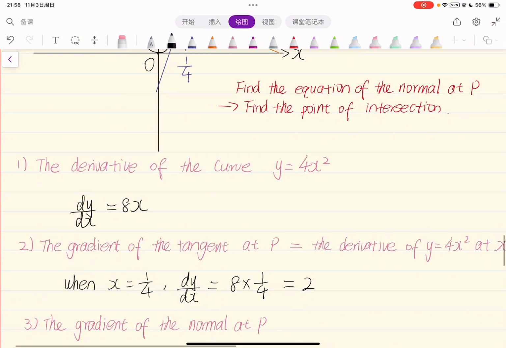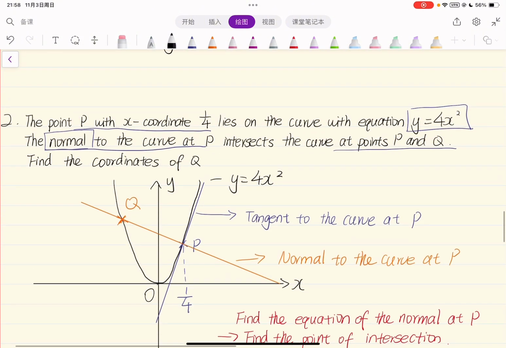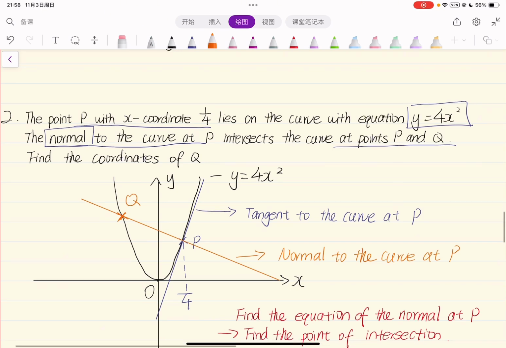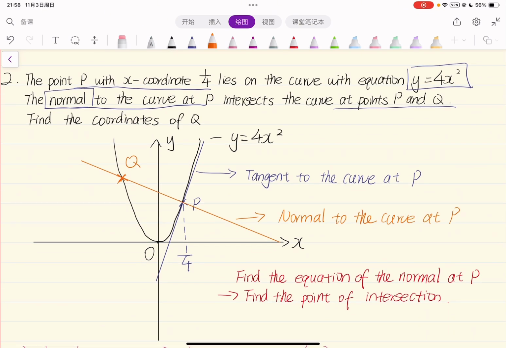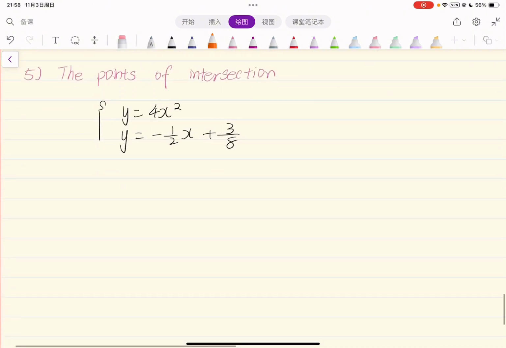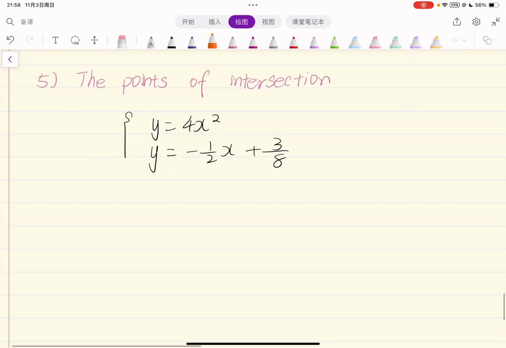As you can see, the point Q lies on both the curve and the normal to the curve at point P. So we use these two equations. If you substitute the first equation into the second equation, you will have 4x squared equals negative half x plus 3 over 8.